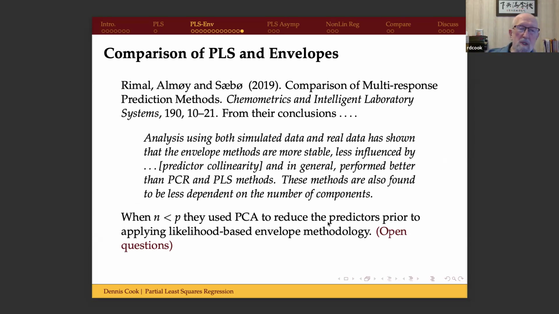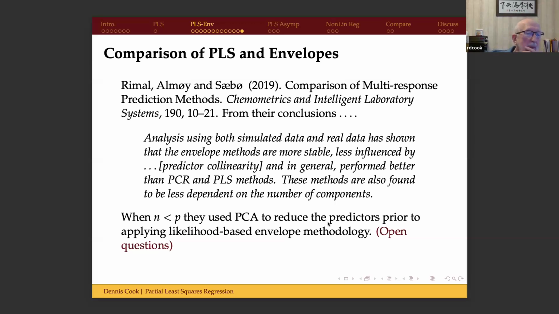Their conclusion was, and it's in italics there, a quote out of the paper: analysis using both simulated data and real data has shown that the envelope methods are more stable, less influenced by predictor collinearity, and in general perform better than PCR, principal component regression, or partial least squares methods. These methods are also found to be less dependent on the number of components. And we saw a little example about why they are less dependent on the number of components.